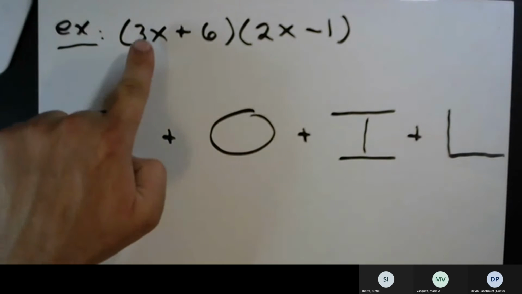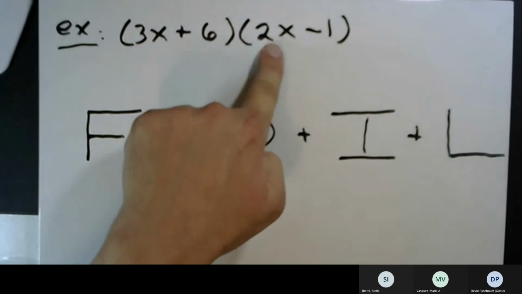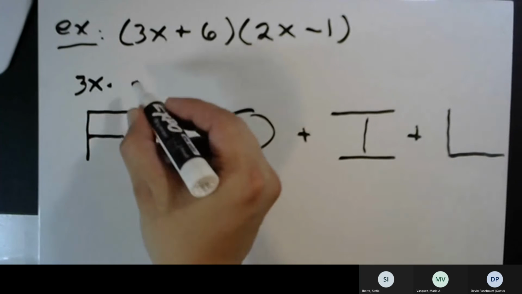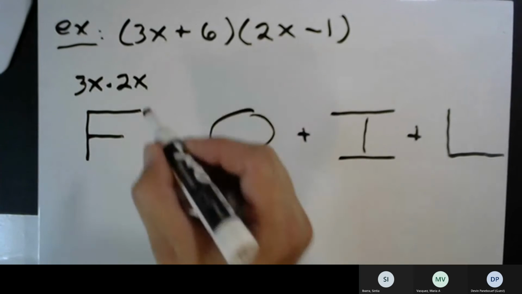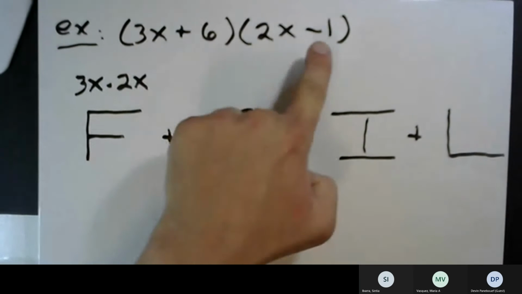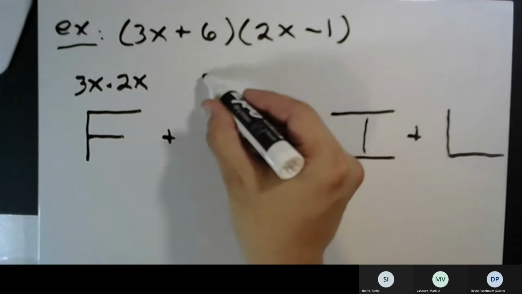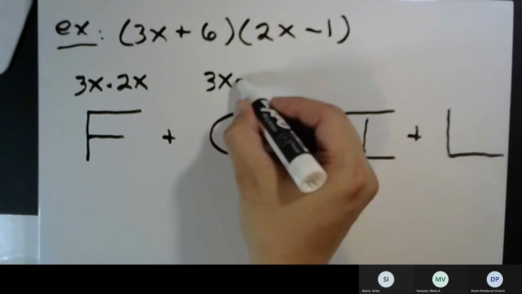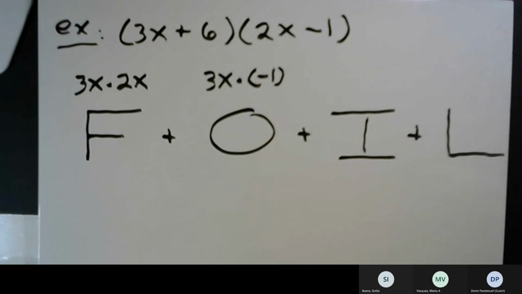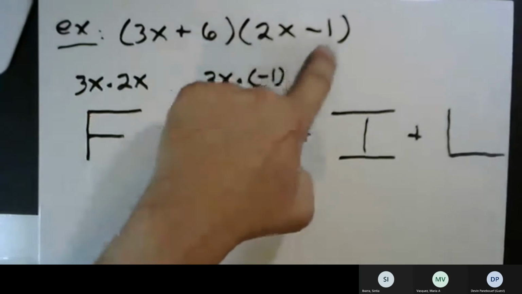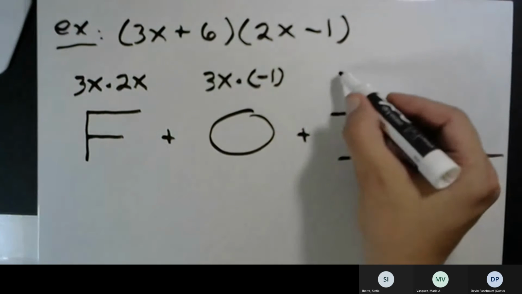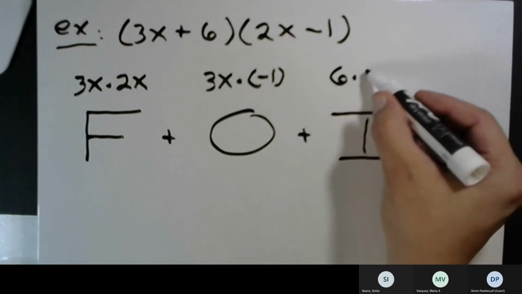So what FOIL means is first term of the binomial times first term of the binomial. And then outer term, 3x, and we bring the sign with it. So this will be 3x times -1. And these are the outer terms of the entire multiplication. Then the inner terms of the entire multiplication.